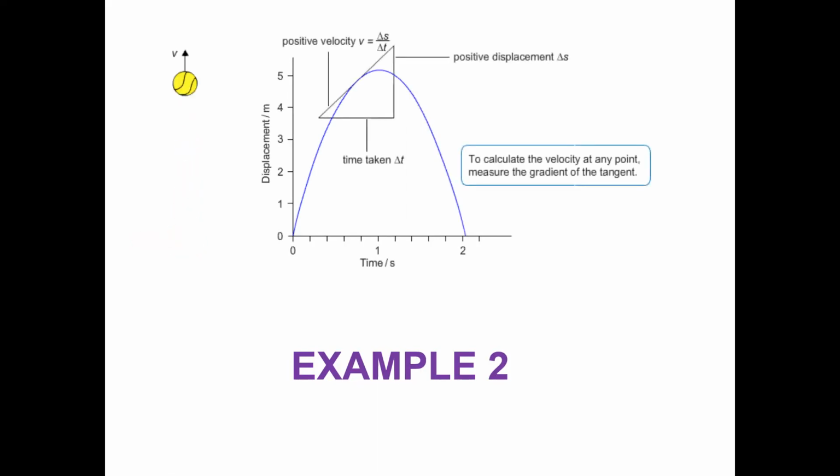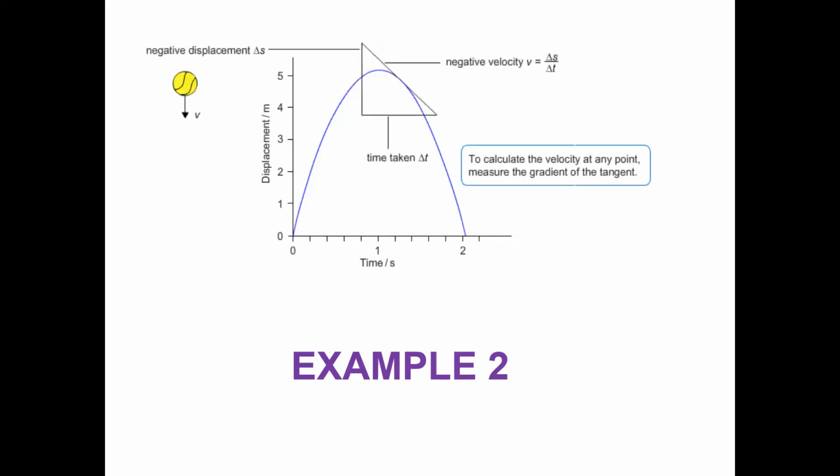So when a ball is thrown upward and you draw a tangent at any point, the gradient will give you the velocity.